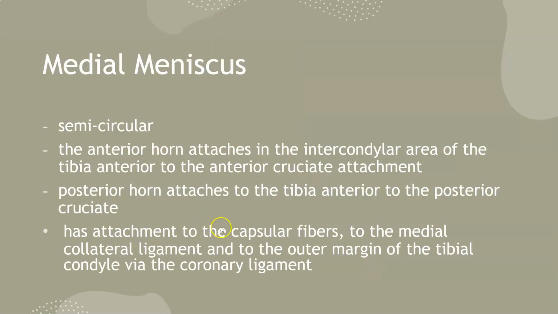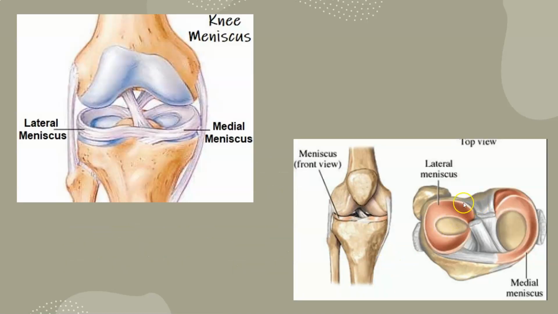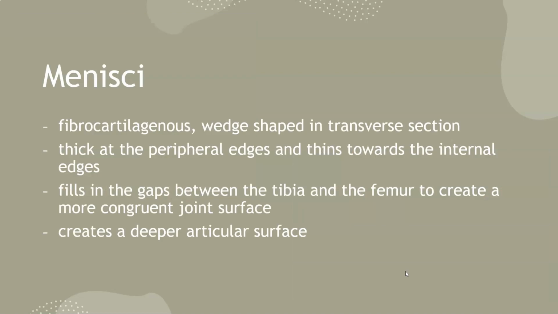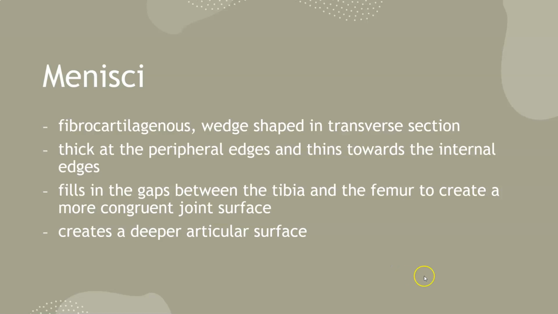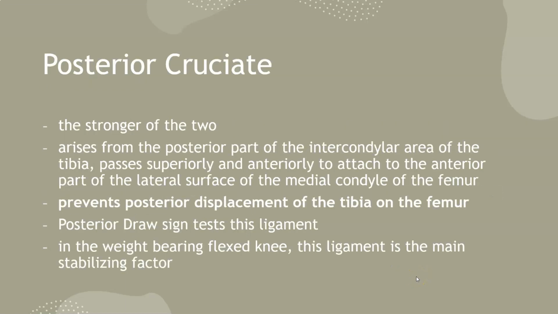The posterior horn attaches to the tibia anterior to the posterior cruciate ligament, which we can see here, and we can see its position with the anterior cruciate ligament. As we said, it fills in the gaps between the tibia and the femur to create a more congruent joint surface, and it creates a deeper articular surface.